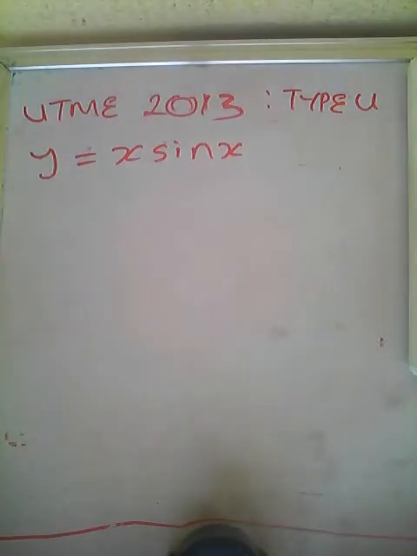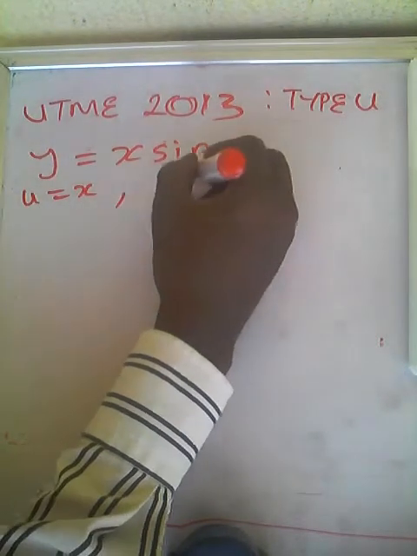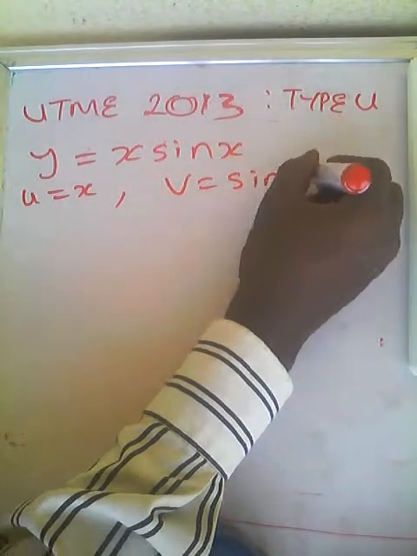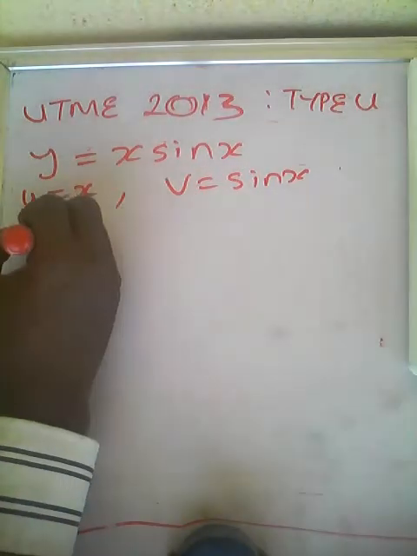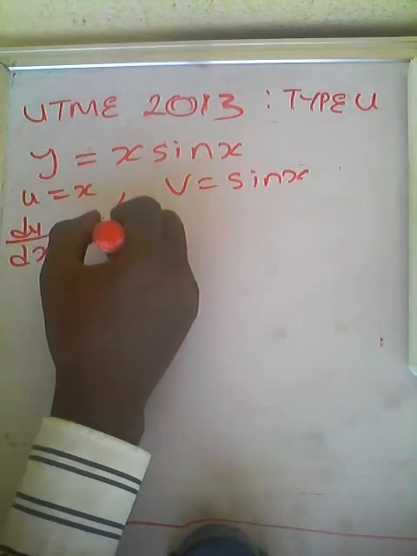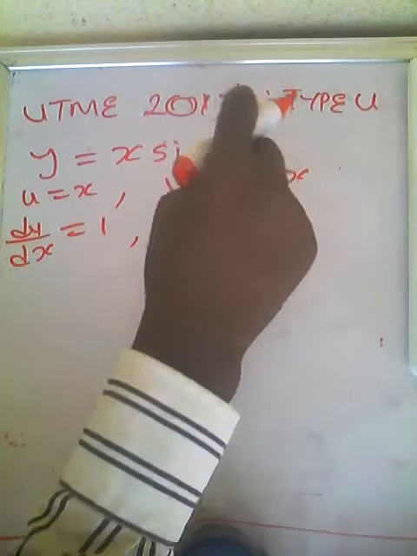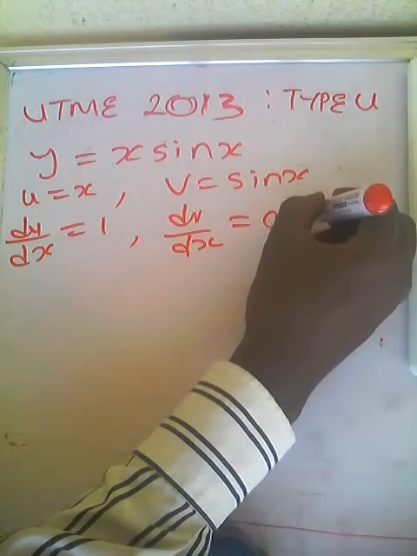To differentiate this, we need to use a rule called the product rule. Our u is x and our v is sine x. Our du/dx, when we differentiate u with respect to x, is 1. And our dv/dx, by the rule that the derivative of sine x is cos x, is cos x.